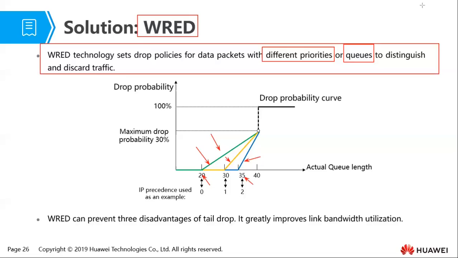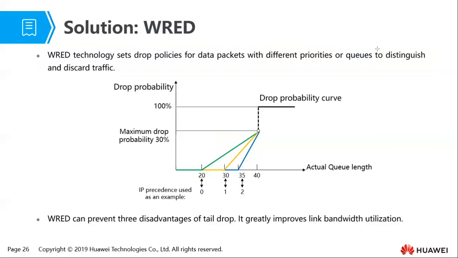Okay, I'm not sure whether I've used the correct explanation there. I don't know which is which. I'm sorry. So this is the actual queue length, and this is the drop probability. Okay, it's actually correct.